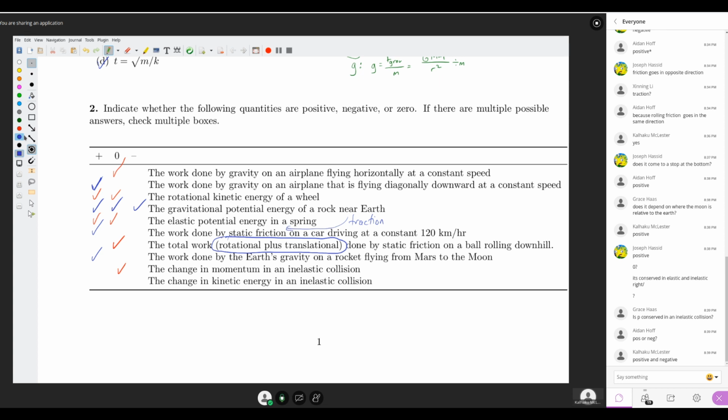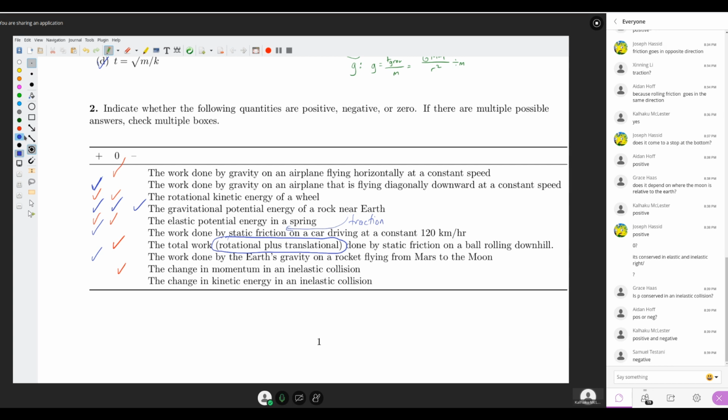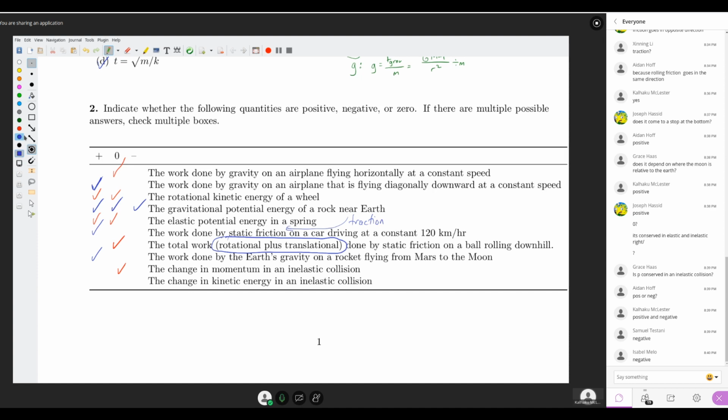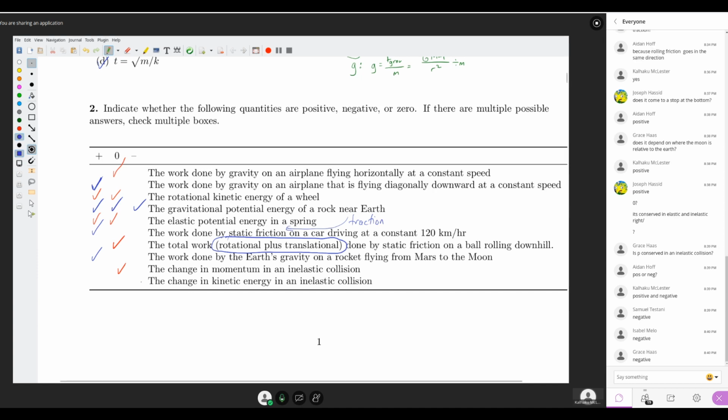Kinetic energy is not conserved. Can it be gained? And people are telling me no, and that's right. In an inelastic collision, two things stick together, and by sticking together, some of their initial kinetic energy is converted into heat or sound or something like that.